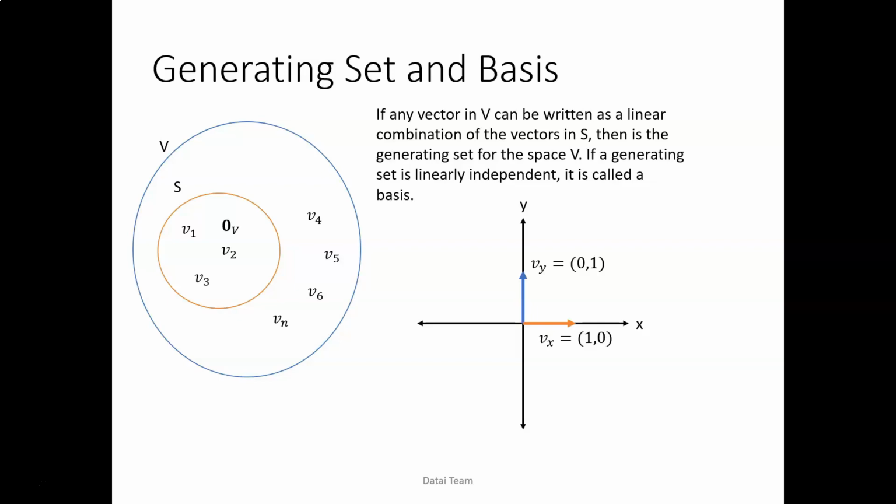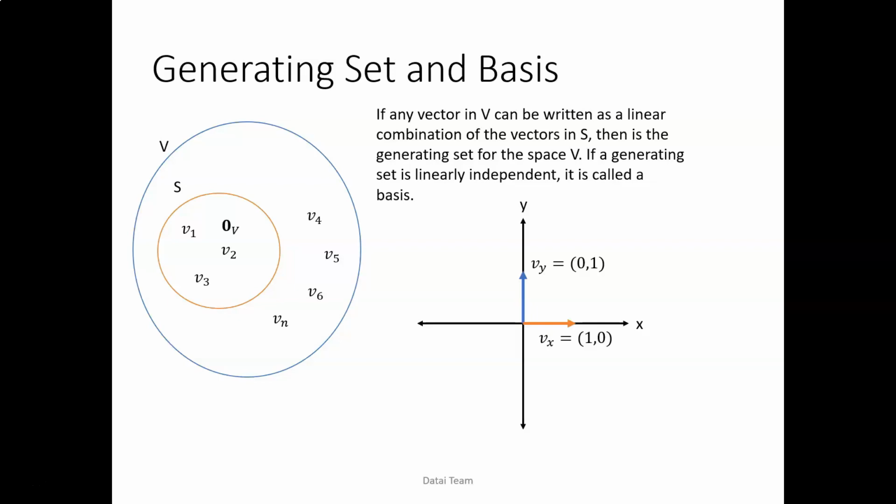And because of that, we can say that these vectors are the basis for R2, and they are not the only basis vectors. We can have a different set with different vectors, and they could also be the basis for R2.